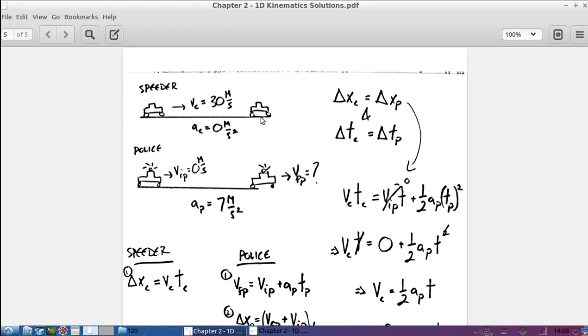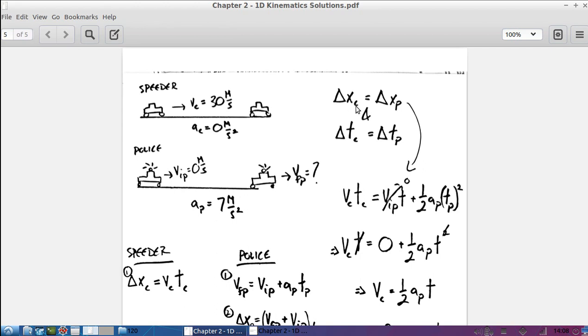So they both have the same final position, the police car in the left lane riding next to the speeder, saying, hey, pull over. So not only is the time the same for both vehicles, but their displacement is the same.